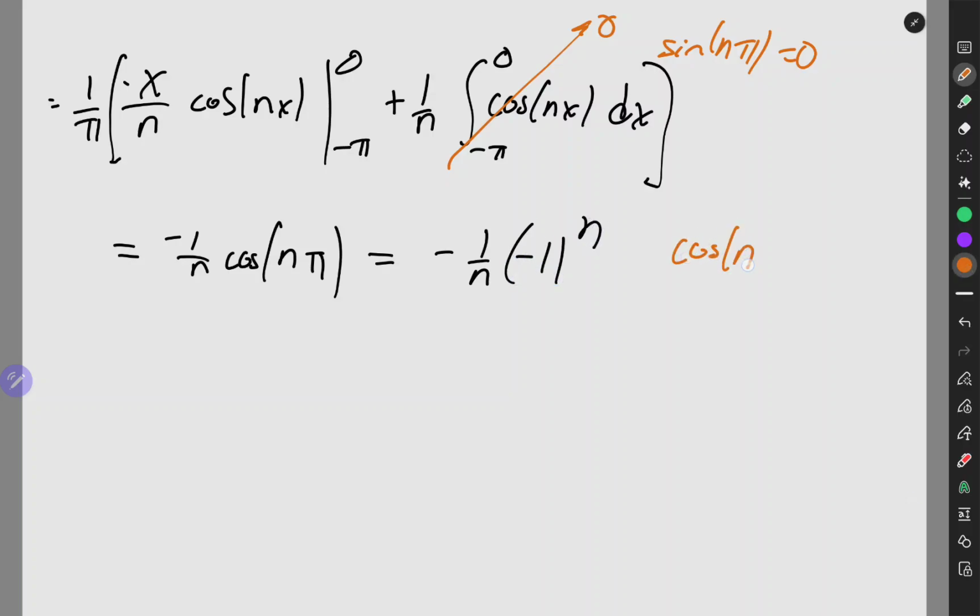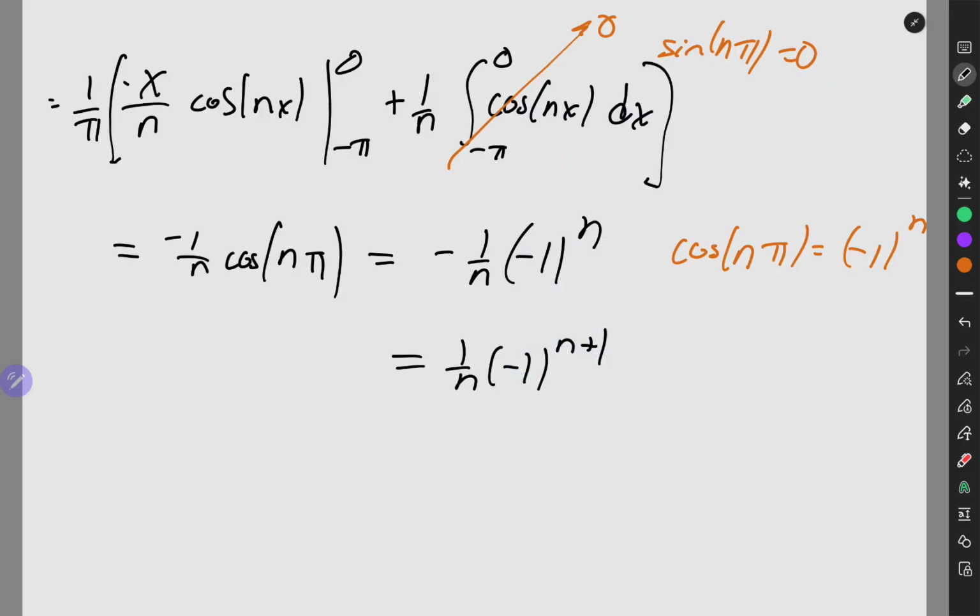Now, can this be rewritten even more? Yes, it can. This can be rewritten as, yeah, because remember, negative times negative 1 to the n can be rewritten as negative 1 to the n plus 1.